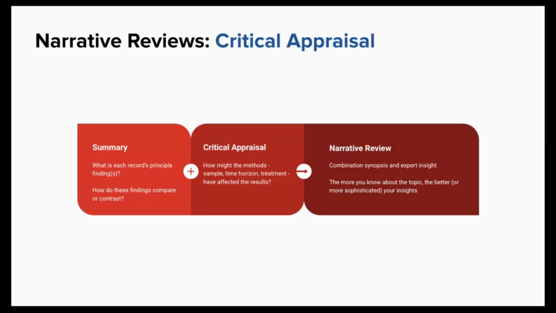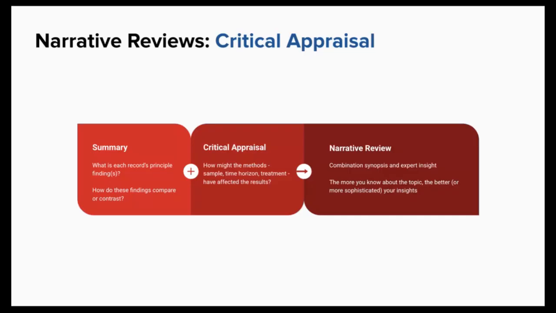However, it's the critical appraisal part that is really where there's a lot more nuance to appreciate. And the more that you know about a particular topic, the stronger your critical appraisal is going to be. And ultimately, the more impactful your review is going to be because you've injected into your review this very particular critical piece that's coming from what you know and how it applies to what you are reviewing.